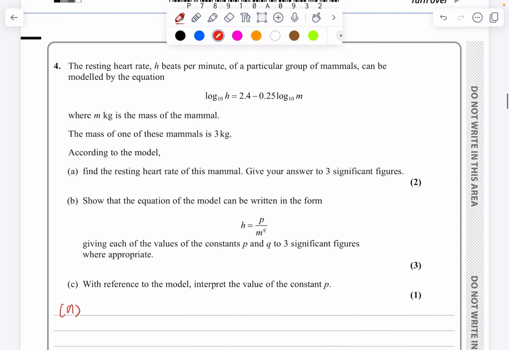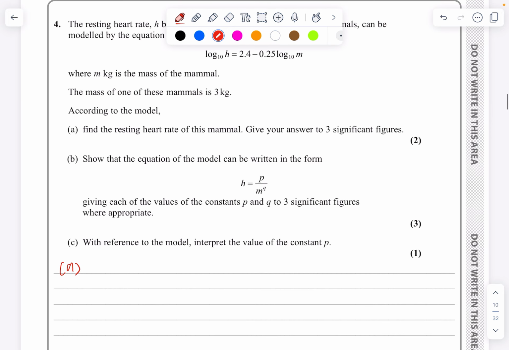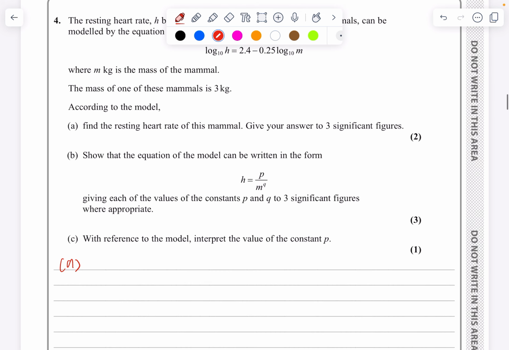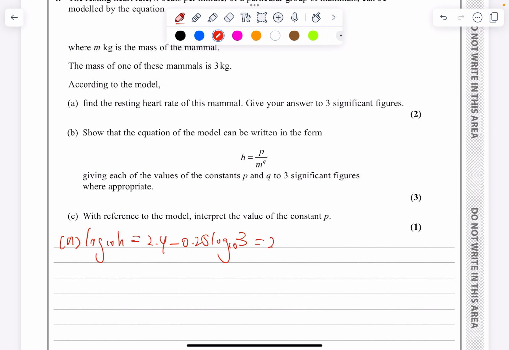Okay, this is easy enough, I think. We can just take your calc, minus 0.25 log of 3. So this will be log 10 h equals 2.4 minus 0.25 log 10 3. We just put 3 into m, and then we will have around 2.2807.